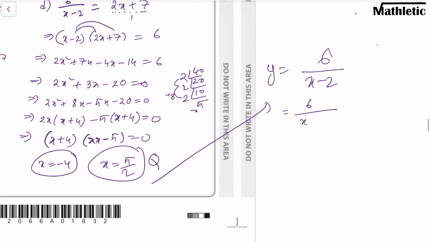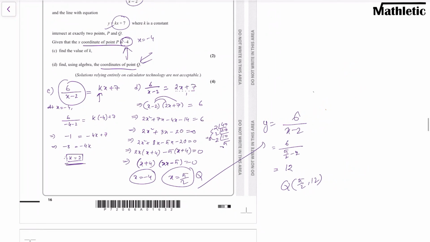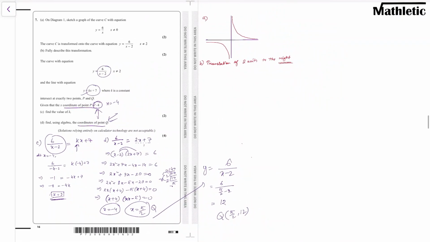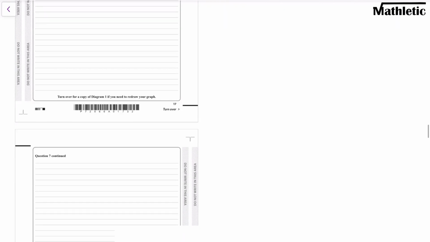So x is 5 by 2, and the answer is 12. So Q is 5 by 2, 12. So that's number 7.